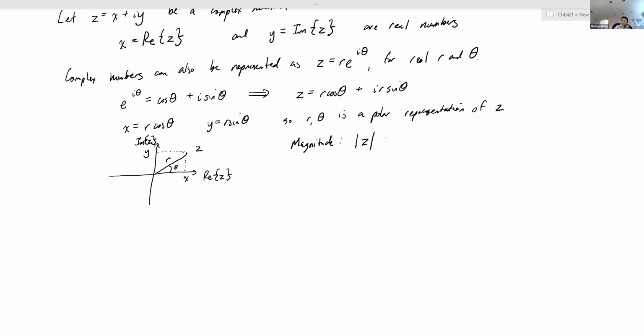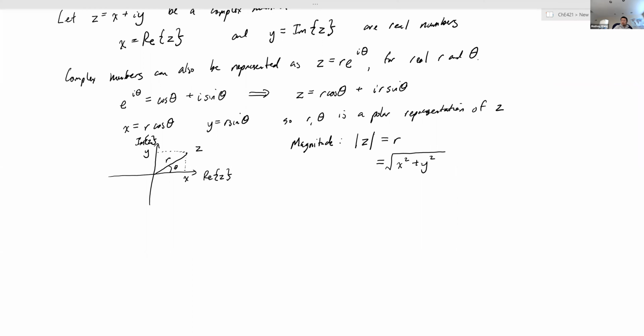In polar coordinates, that can just be r, as is obvious from this. That's just the distance from the origin. In Cartesian coordinates, the way that you actually write this is the square root of x squared plus y squared.